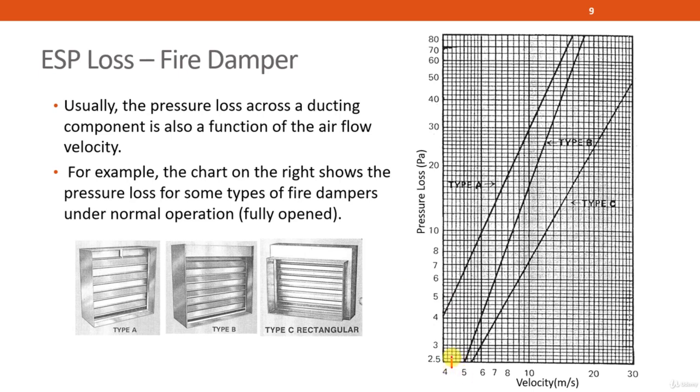And you will draw a vertical line upwards until it cuts the type A damper line. Once it cuts the type A damper line, then read off what is the pressure loss from the left hand side vertical axis. So as you can see from here, it is 5 Pascal. And that is how I get the 5 Pascal for the fire damper pressure loss.